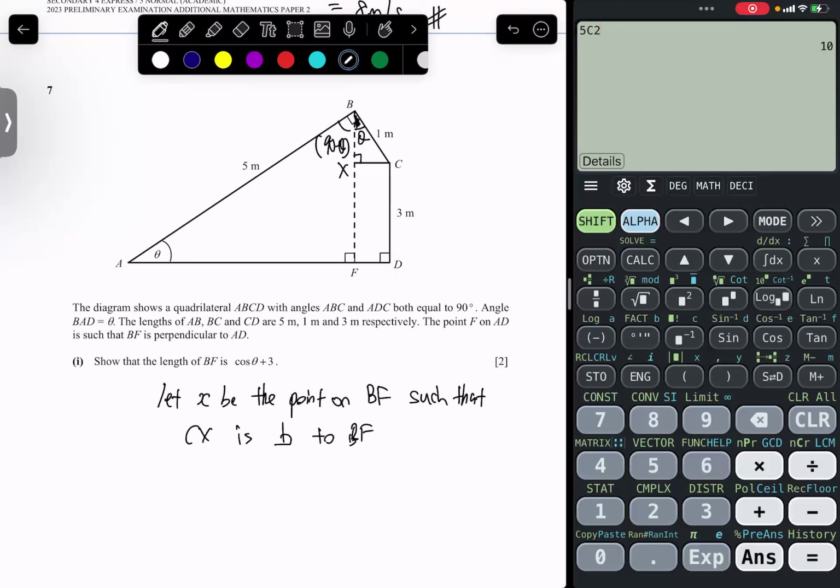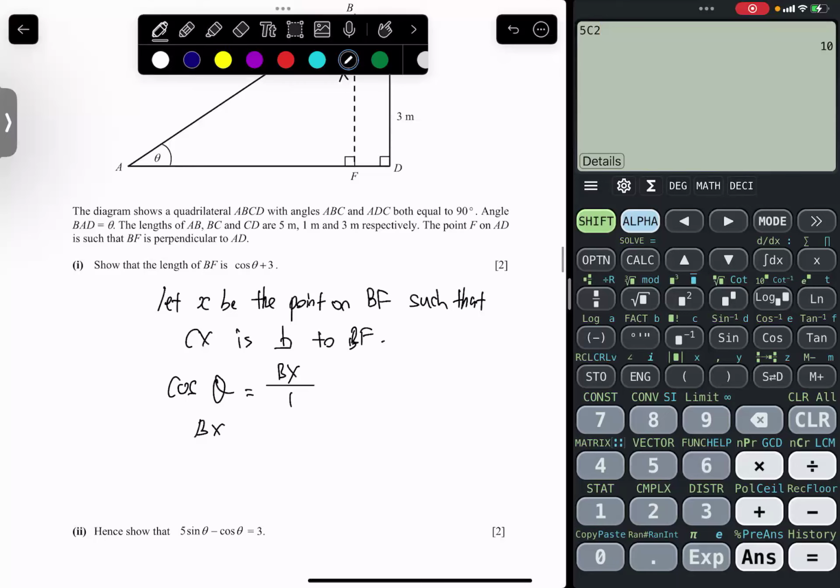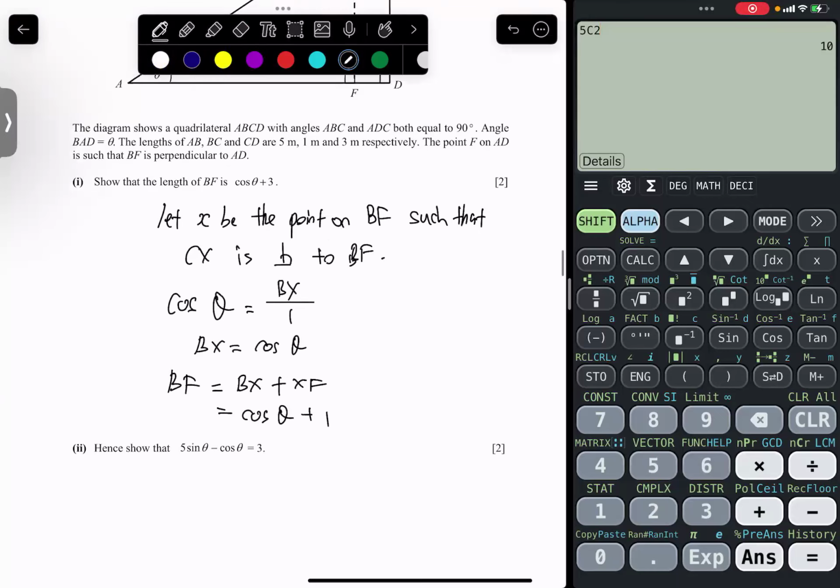So just put a statement like this. Then we say cosine theta equals BX over 1, so BX equals cos theta. BF equals BX plus XF, which equals cos theta plus 3.